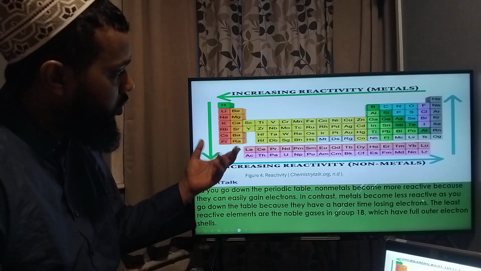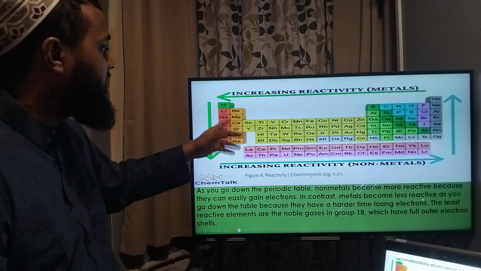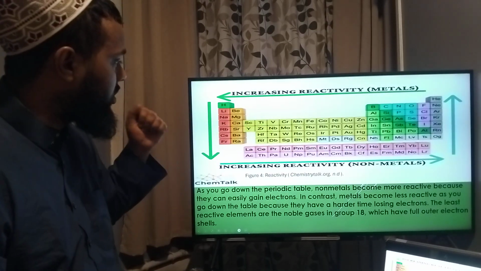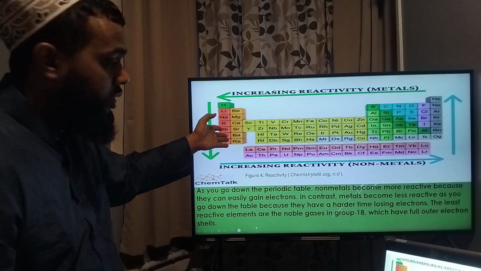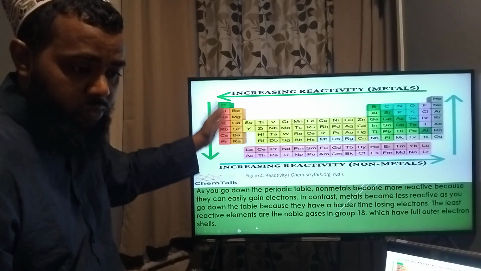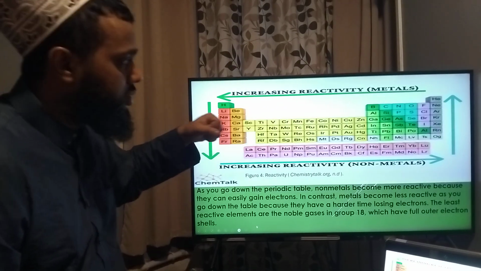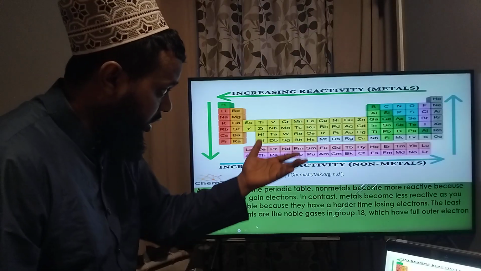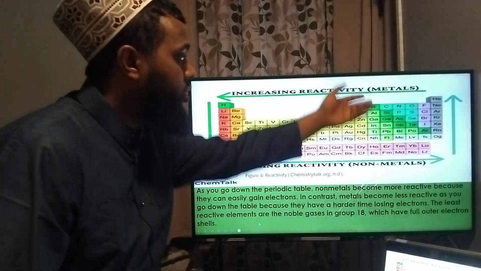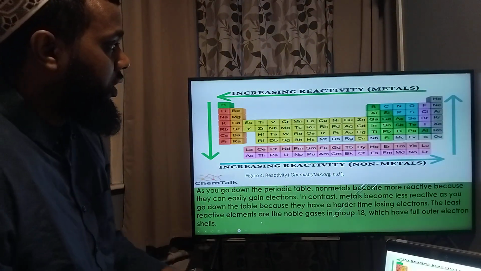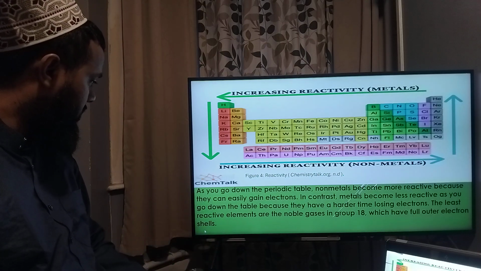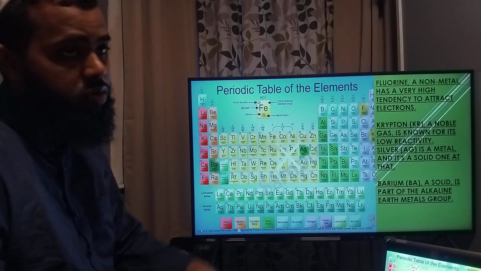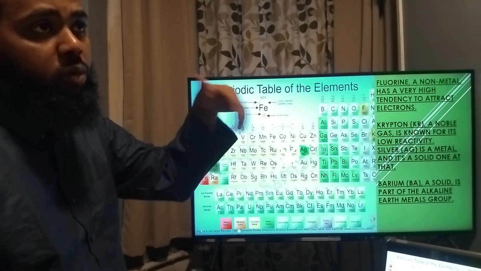The reactivity is because of the tendency of losing or attracting electrons. Metals tend to donate electrons, to lose electrons, and non-metals like to attract electrons, and that happens on the outermost shell.